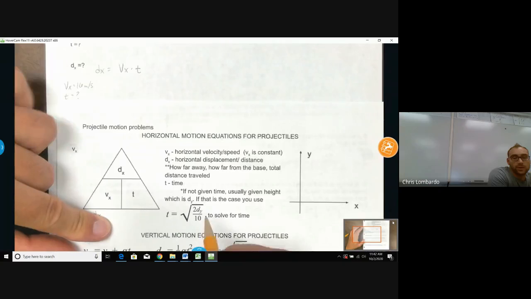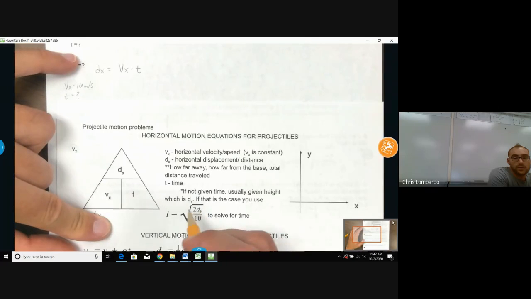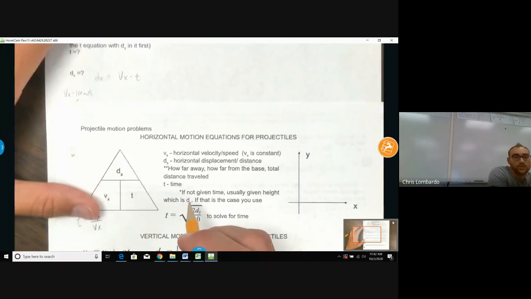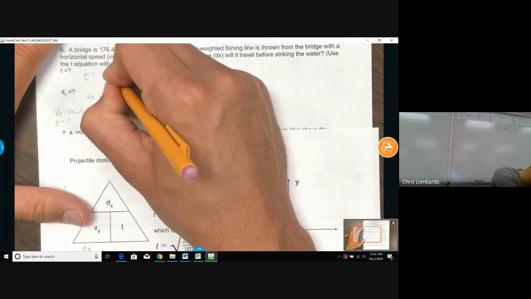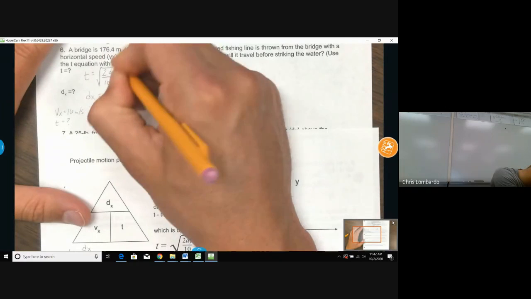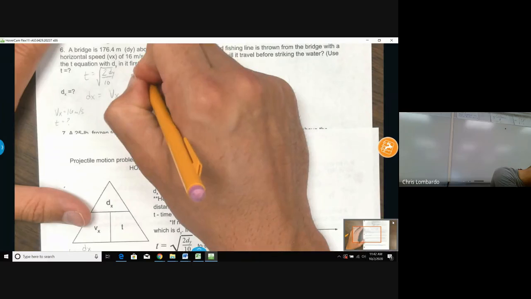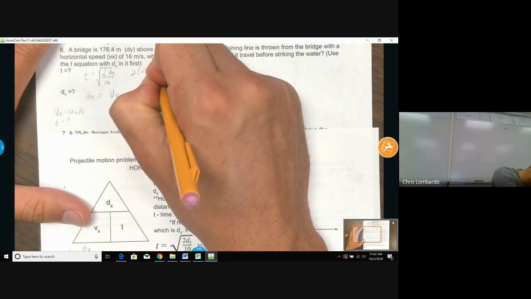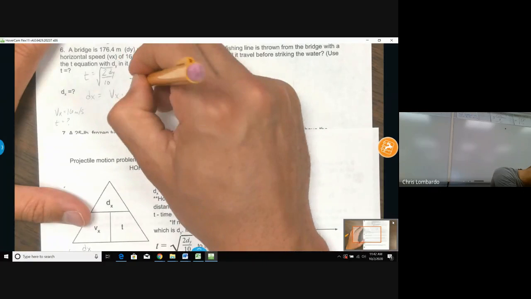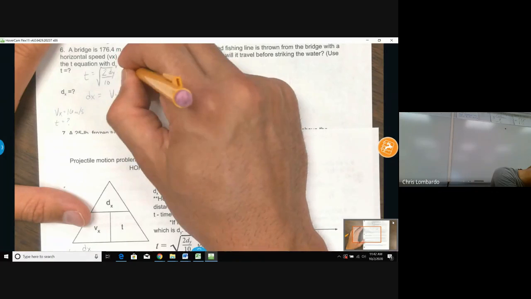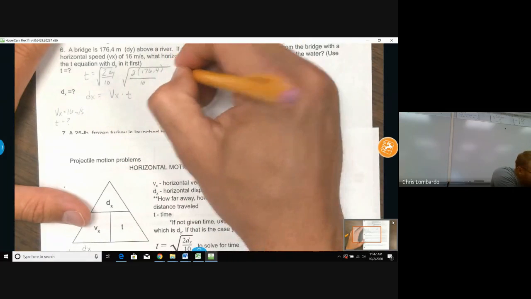And so if we're given the height, you can use this equation to solve for t, which you need to do first. Okay, so we're doing 2 times the height, which was 176.4, divide that by 10, and then take the square root of that.